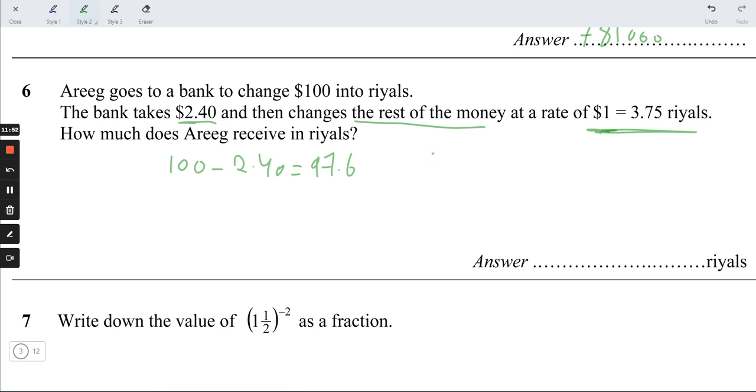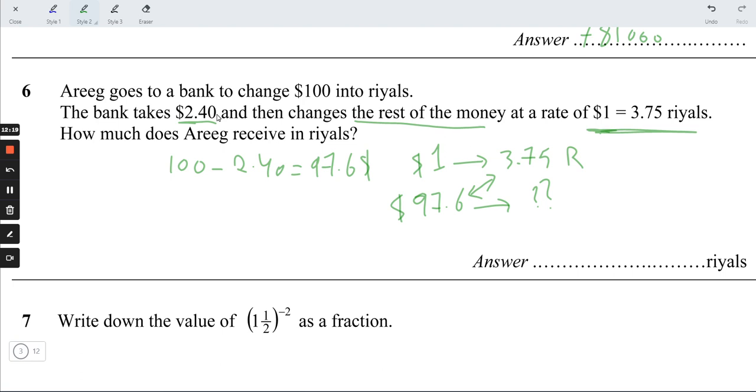We know that $1 gives us 3.75 reals. Now this is a dollar here. If we have $97.6, how many will we get in reals? So you are going to multiply 97.6 times 3.75.